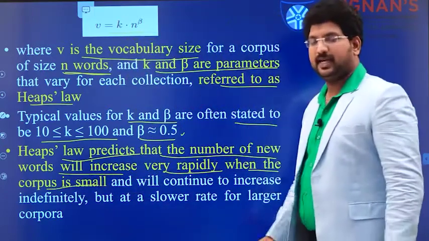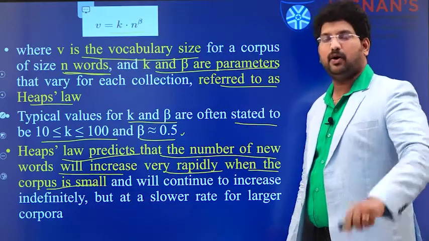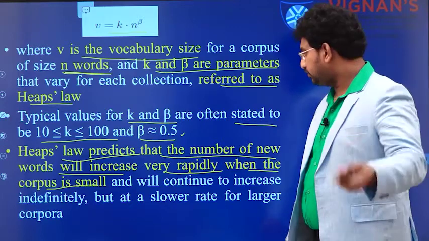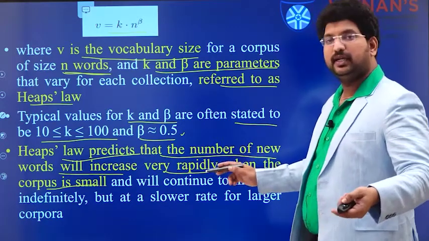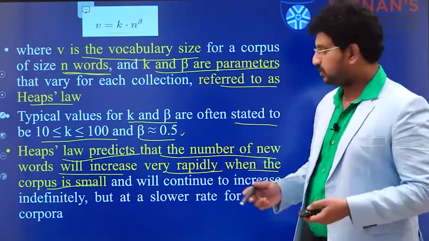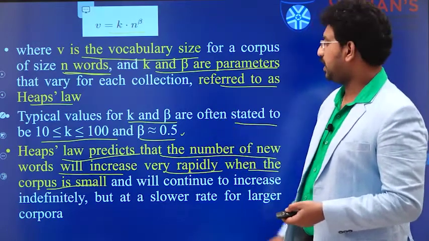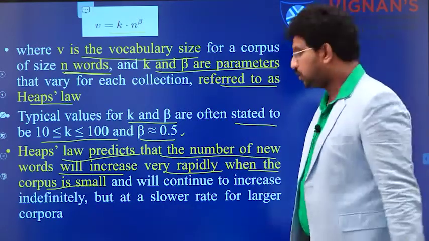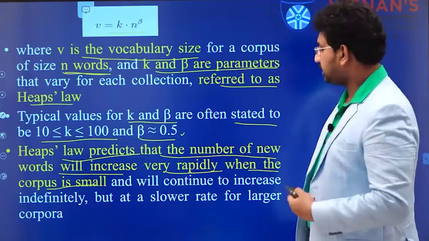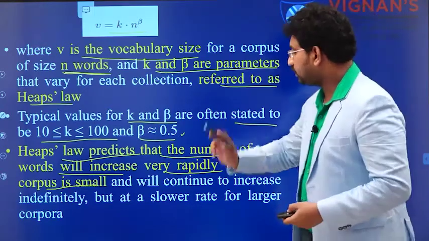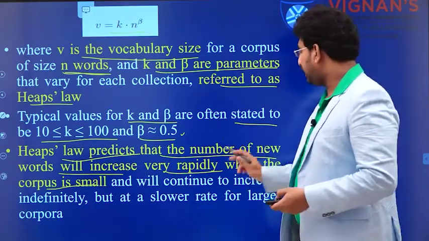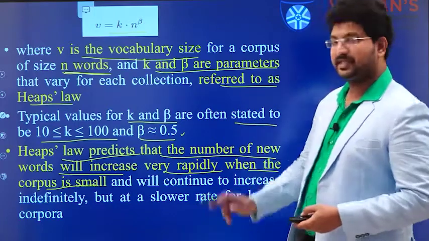Now you try to understand that when the corpus is small, the number of new words is going to increase very rapidly. This is the statement given by Heaps law.